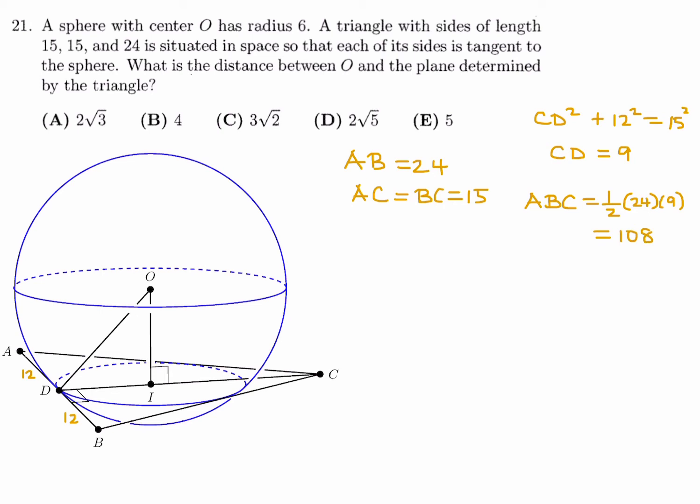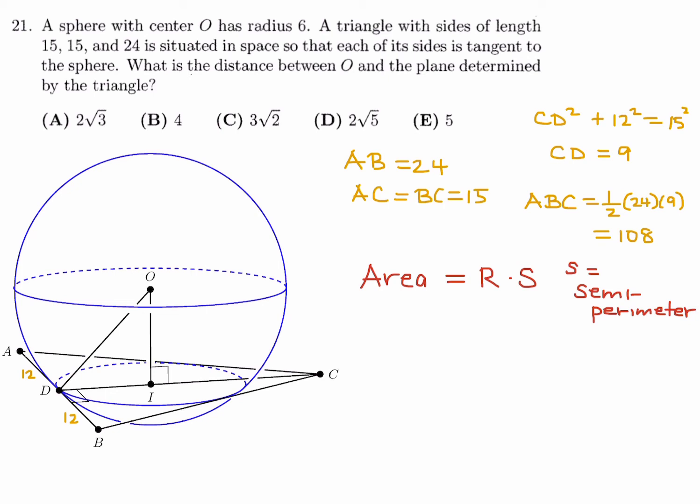Now we have a very special formula, and this formula states that if you have any kind of circle like this that is inscribed inside a triangle, tangent to it inside, the area of that triangle is equivalent to the radius of this circle that's inscribed inside times S, where S is the semi-perimeter.